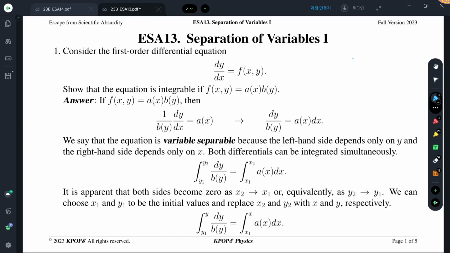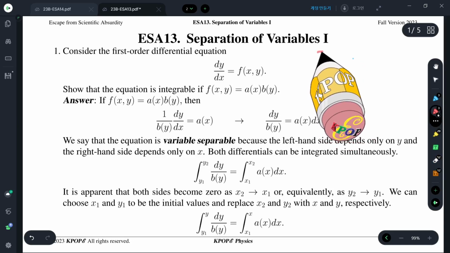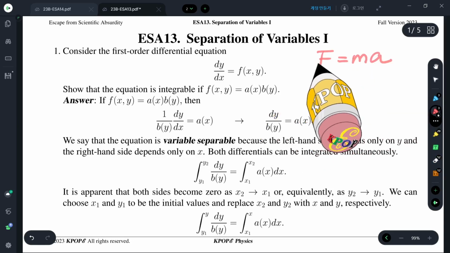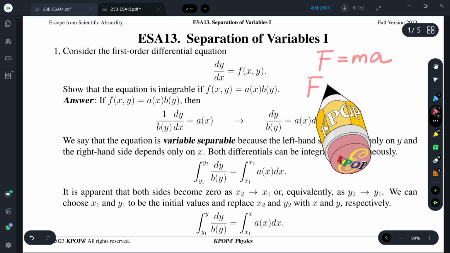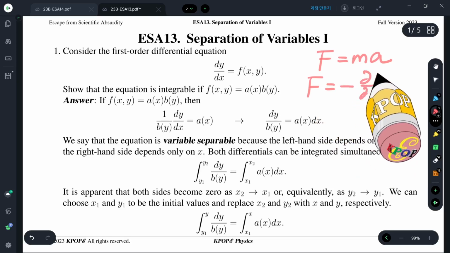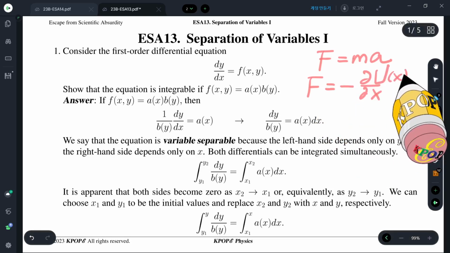In this class, we study separation of variables. Classical mechanics has the equation of motion, that is F equals ma. And usually F is minus the gradient of potential energy if the force is conservative.